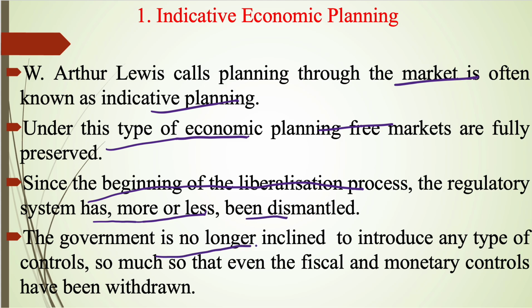The government is no longer inclined to introduce any type of controls, so much so that even the fiscal and monetary controls have been withdrawn. So, indicative economic planning denotes the market, the changes and influences of the economic condition of India.